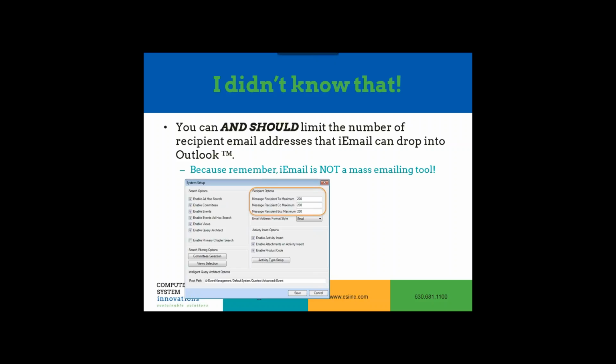I believe on Office 365 a person cannot send more than 10,000 emails a day. This is just how many emails are going to be in one email. It's not going to control the daily limit. We have clients that use iEmail to send out 5,000 emails at once. iEmail is actually not doing the sending. Outlook is.